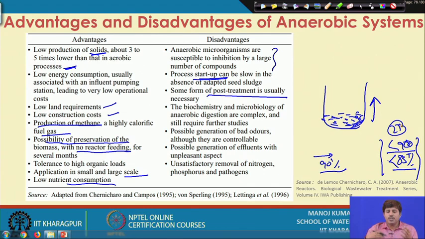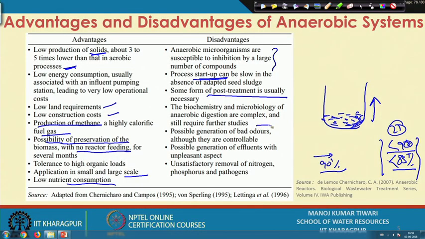The biochemistry and microbiology of this digestion process is complex and needs a lot of control, and at times even leakage matters. Oxygen entry into the system can become toxic to the bacteria.